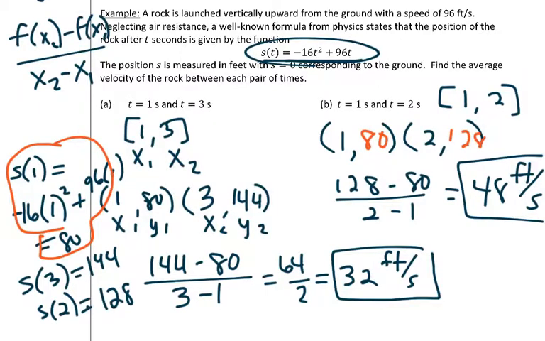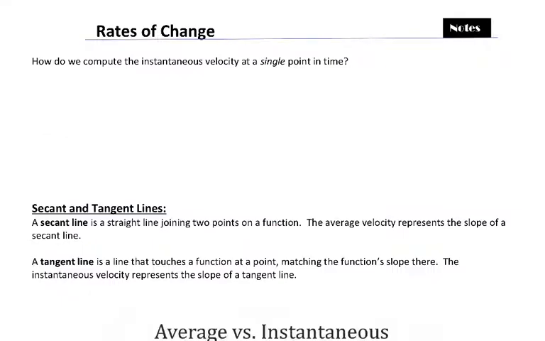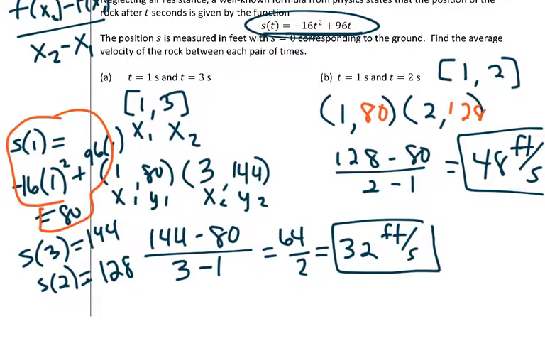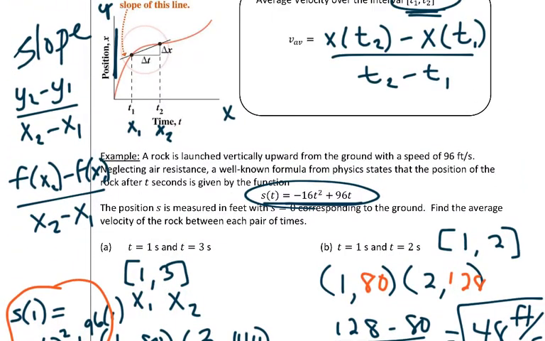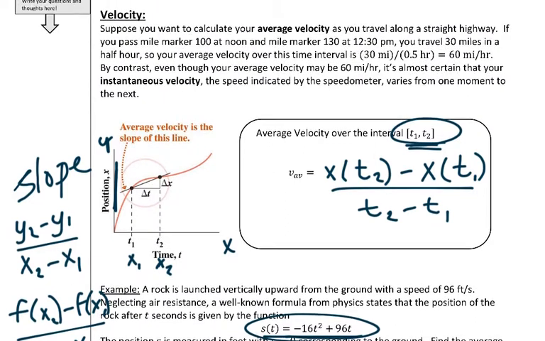So what's the next question here? How do we compute the instantaneous velocity at a single point in time? Let's go back a little bit and talk about what instantaneous velocity is. We didn't really talk a lot about that. In this example above, average velocity gives you, on average, how fast you're going in a certain time frame. Instantaneous velocity, however, is the speed at your current time.